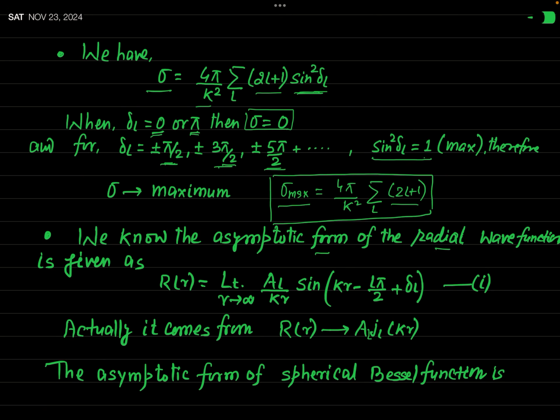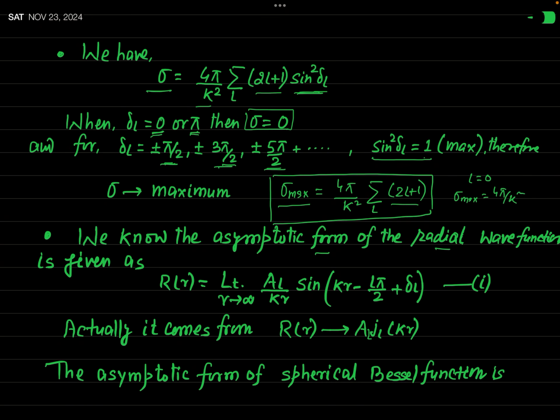So if you take L equal to, let us say, 0, then sigma max will be equal to 4 pi over k square.